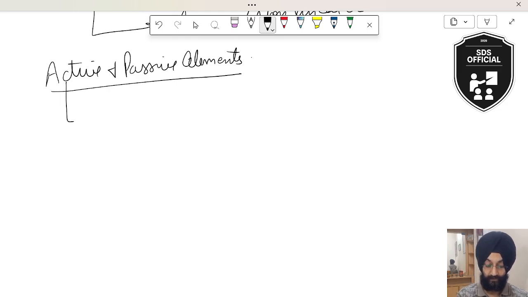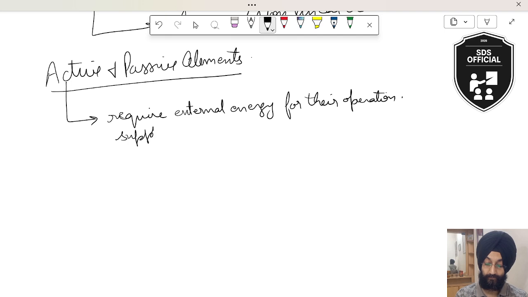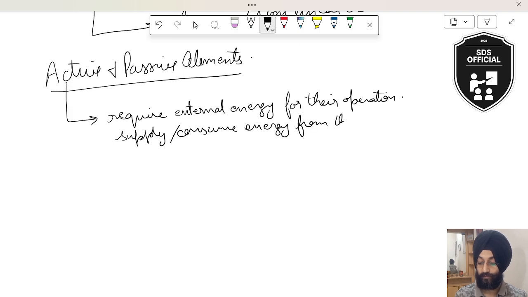So active elements are those which require external energy for their operation, or they can supply or consume energy from the circuit. Now, with the help of examples, we can very quickly understand what that means.